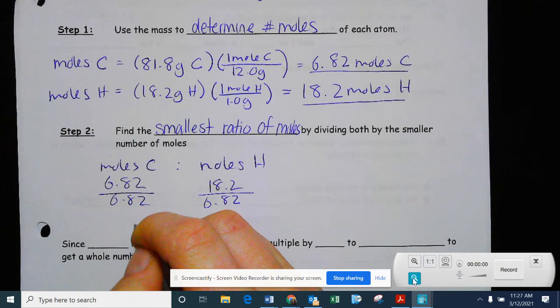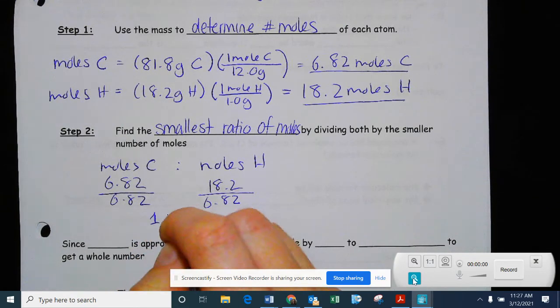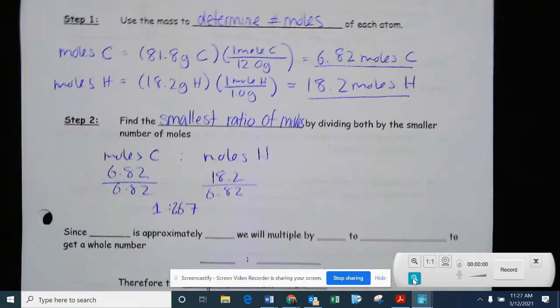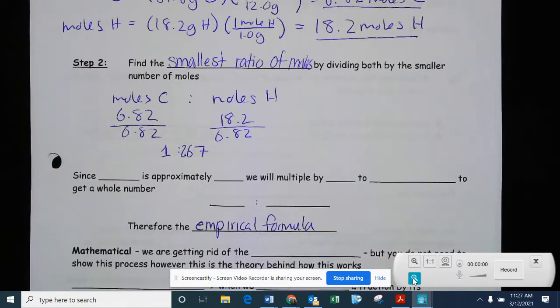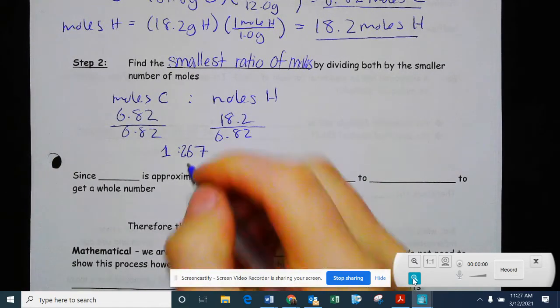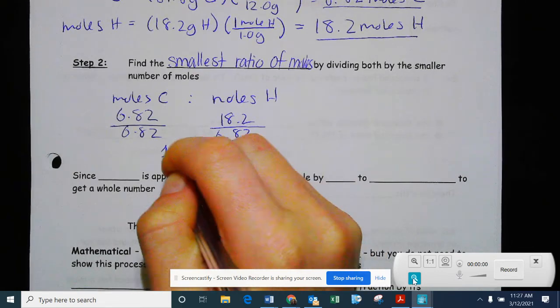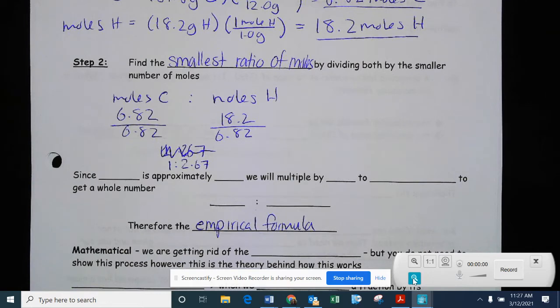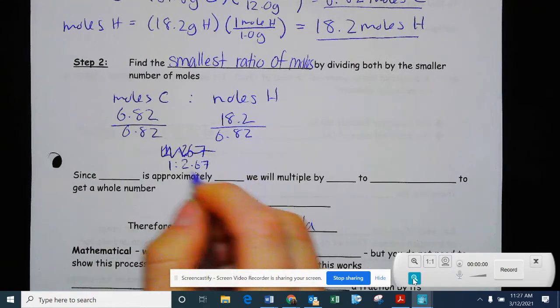Okay, here is a bit of a tricky part. I'm going to end up with a 1 to 2.67 ratio. Whoa, what do we do with that? All right, so this is where your math skills are going to be needed here. So 0.67, we need to get rid of that 0.67.